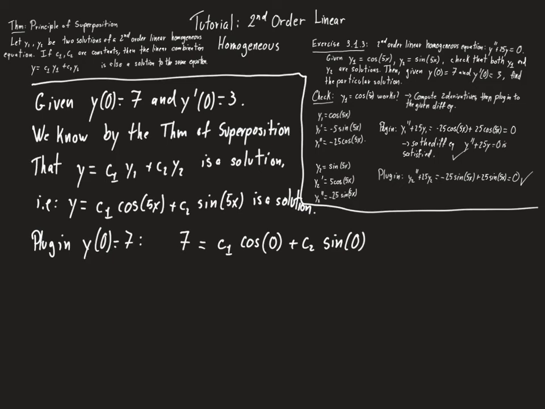You may recall from trigonometry that cosine of 0 is equal to 1, and that sine of 0 is equal to 0. So this simplifies quite a bit, and we get that 7 is equal to c1.